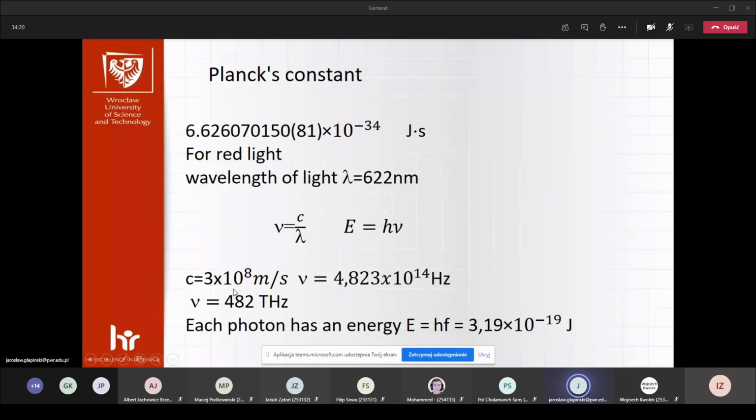This is the example that we have. This is the Planck constant for red light. So for red light, we can say that it is this wave. We can calculate the frequency of red light is 492 terahertz, and it has an energy of this.